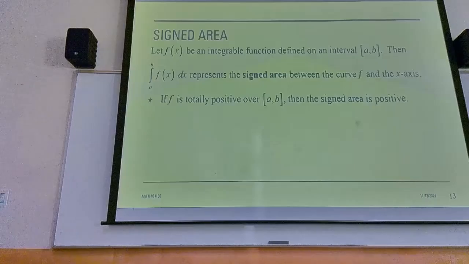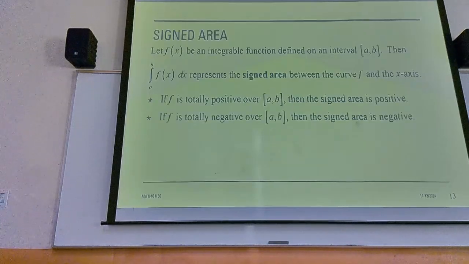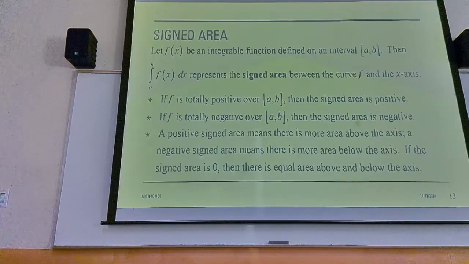If f is totally positive over your interval, then you're going to have a positive signed area. If it's totally negative, it's a negative signed area. And if it's both, so you have positive and negative, positive signed area would mean you have more area above the x-axis than below. Negative signed area would mean you have more area located below than above. And a signed area of 0 means you have equal area between both above and below.